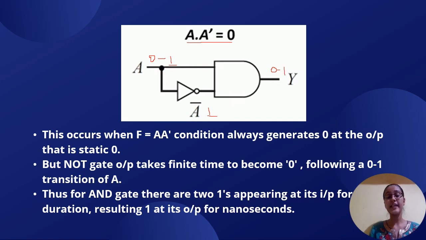Here we wanted only 0 as the output, but due to the propagation delay of the NOT gate, we are getting 1 at the output, which should not have occurred. So we can see there are two ones appearing, and hence the output of the AND gate will be 1. This is the basic condition where we can see the static zero hazard.